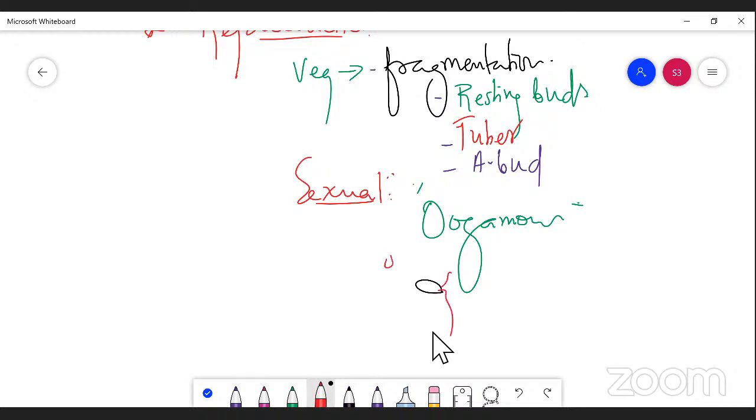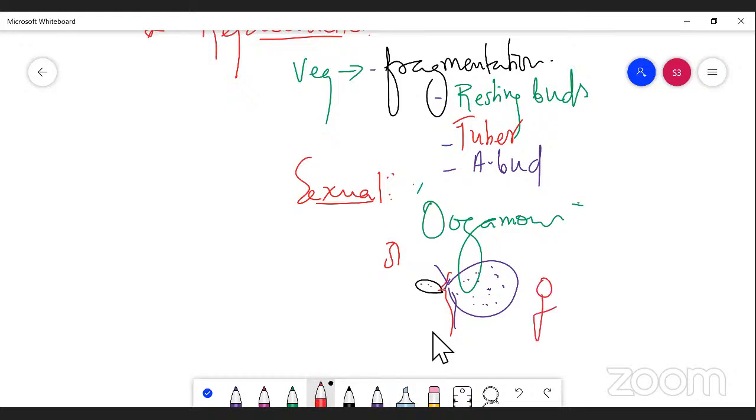Now this is a male gamete, and let me draw the female gamete, right? They are morphologically and physiologically dissimilar. My dear students, please imagine two different gametes are involved, one a male gamete and another a female gamete.